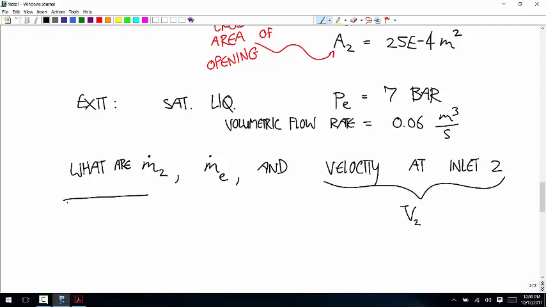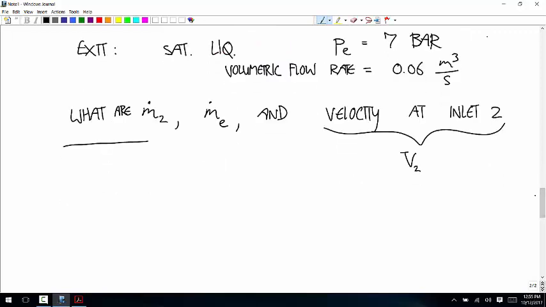Okay, well, this is a conservation of mass problem, so let's start with the conservation of mass equation. It says that this is in steady state, and so there's no rate of change of mass in the control volume.